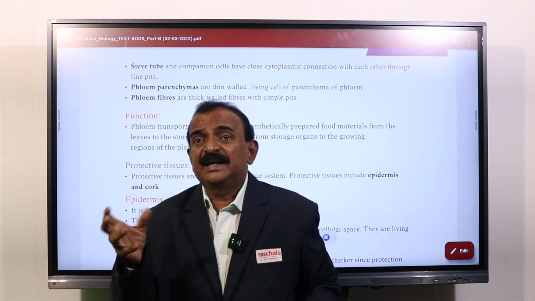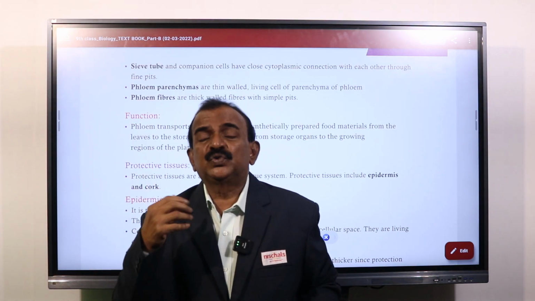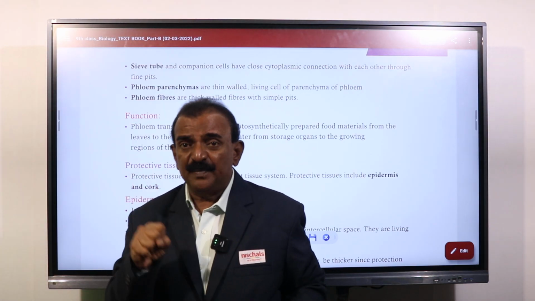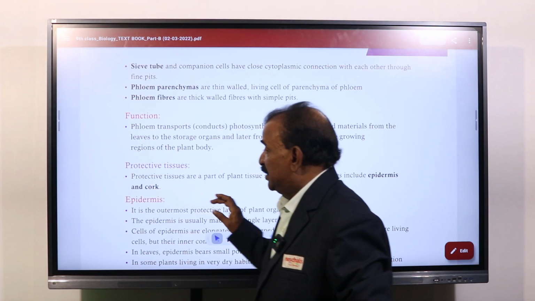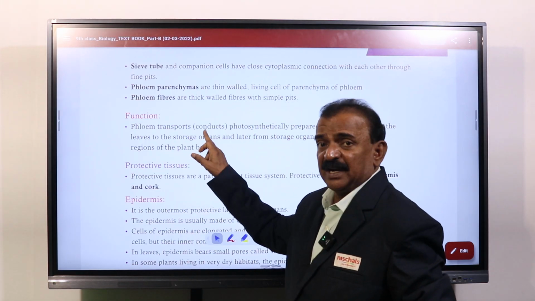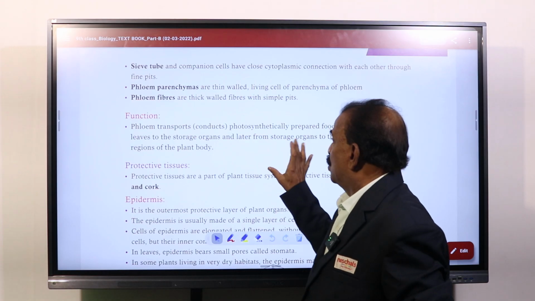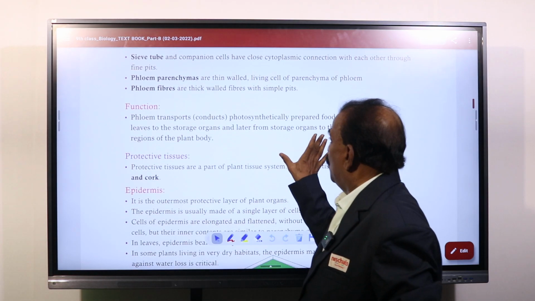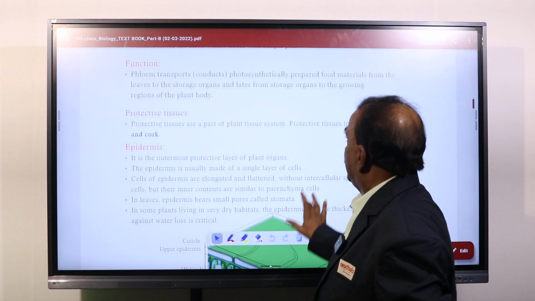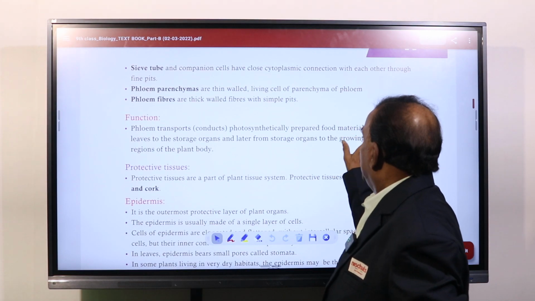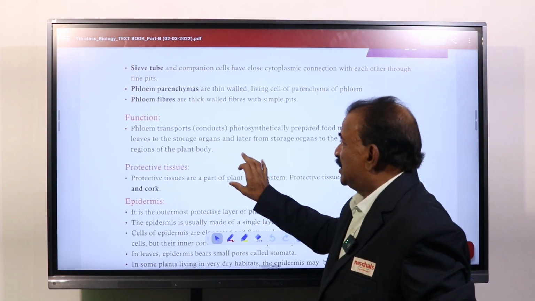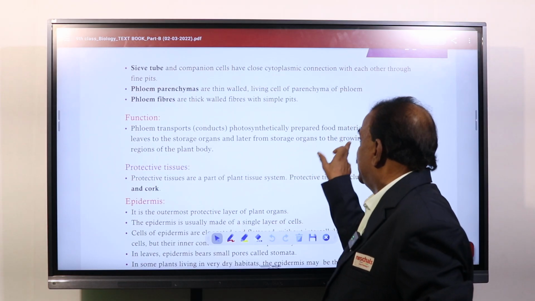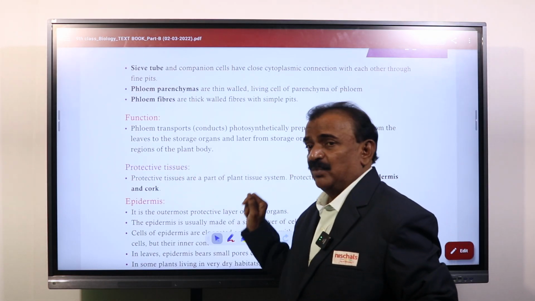So in this way phloem vessels are useful for conduction of food materials in the plant body. So phloem conducts photosynthetically prepared food material from the leaves to the storage organ and later from the storage organ to the growing regions of the plant body.